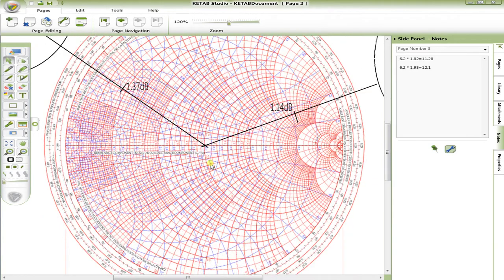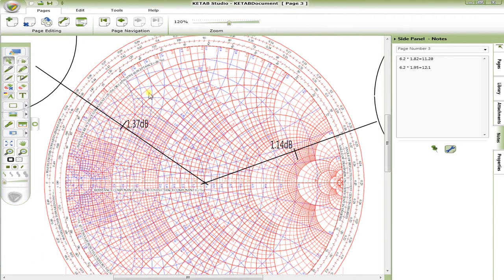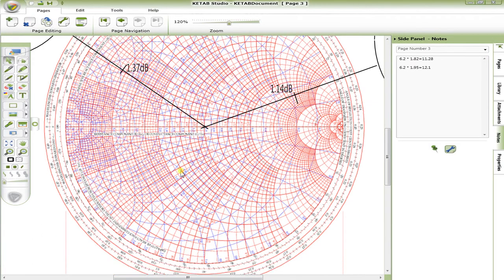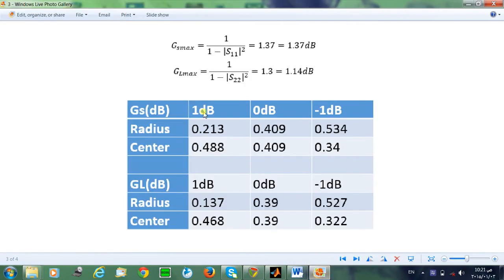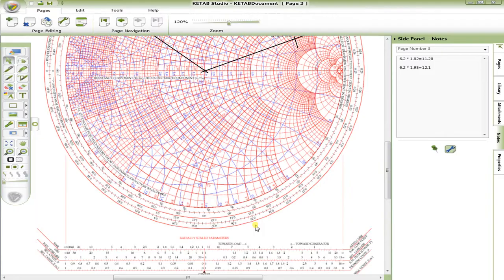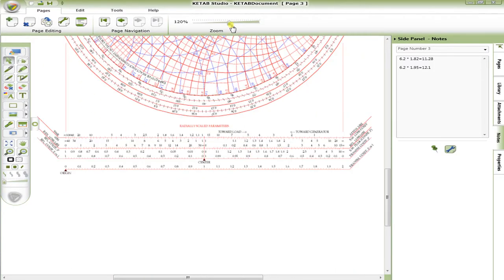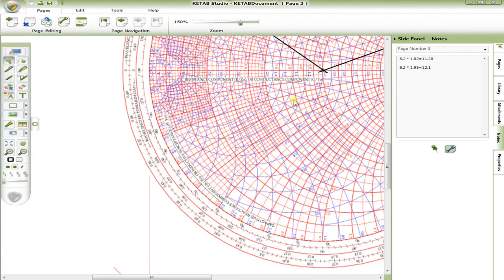Now we can start plotting our first gain circles at the input. Let's start with 1 dB at the input, where the radius is 0.213 and the center is at 0.488, with the same phase, of course, as the maximum gain circle.